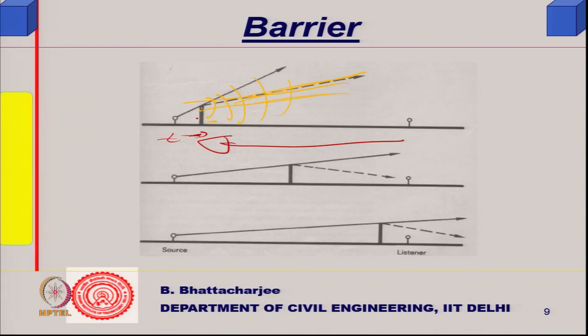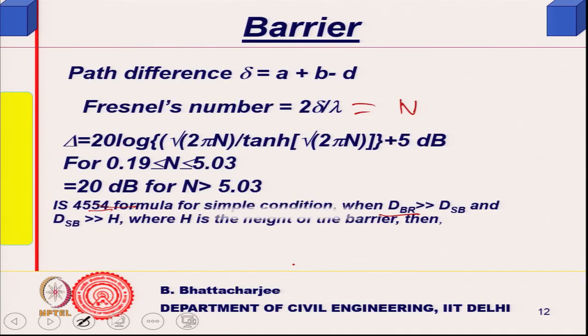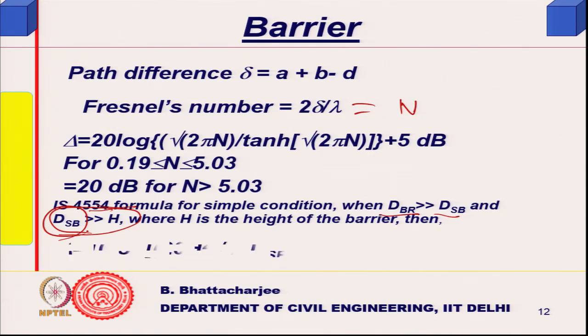In such cases, one can use the empirical formula. It also assumes this is much greater than source to the barrier, and much larger than the height of the barrier, and these are empirical equations.